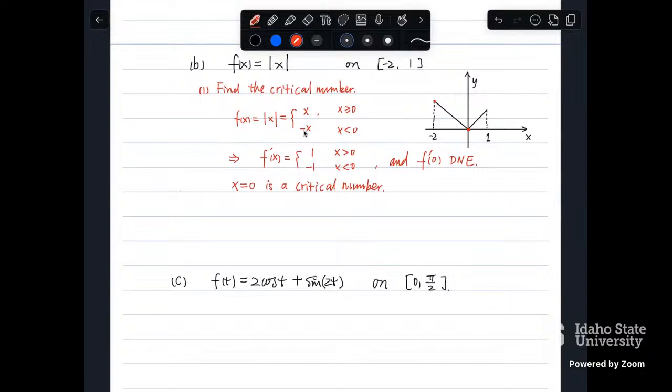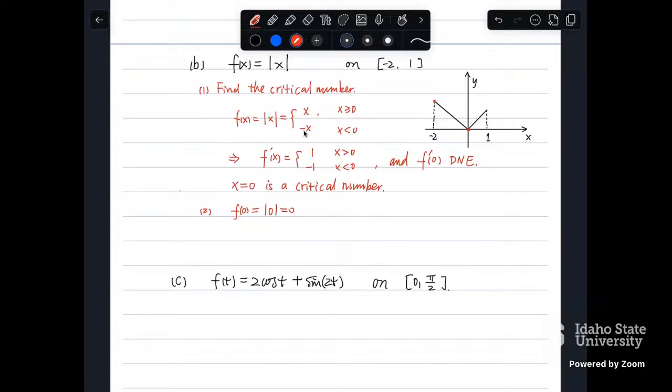Make sense? Then the next step is to plug this critical number into the function, so you get the absolute value of 0, which is 0. And then you also need to figure out the function values at the endpoints.